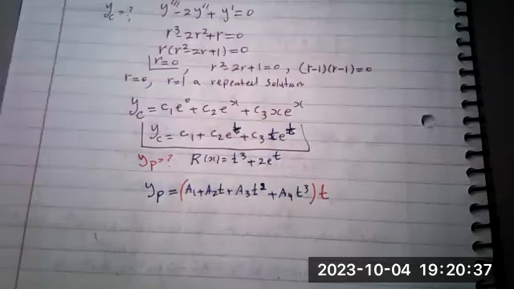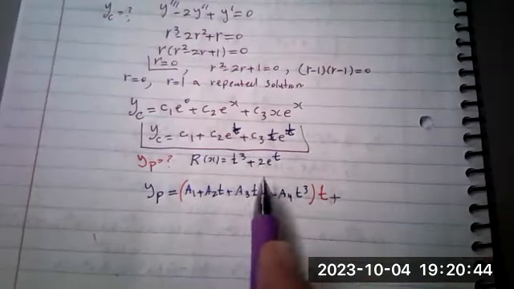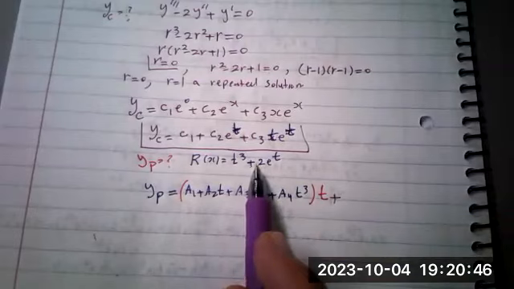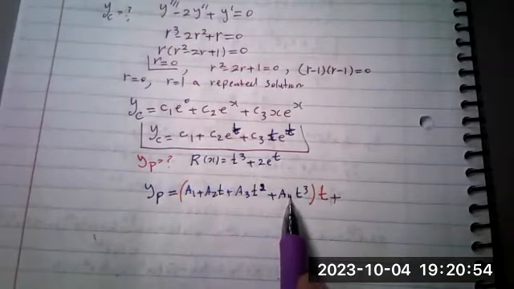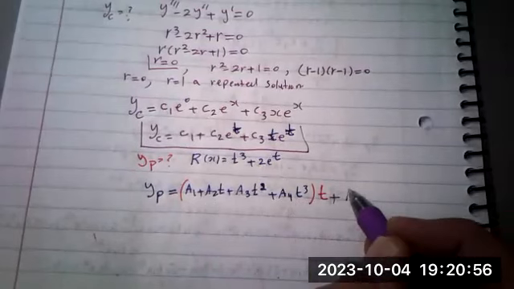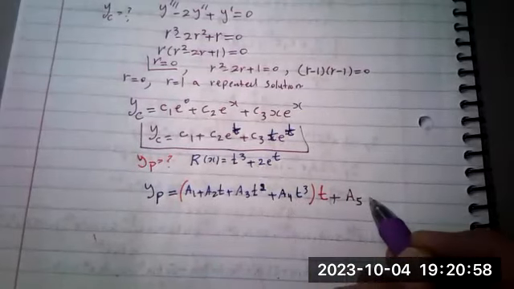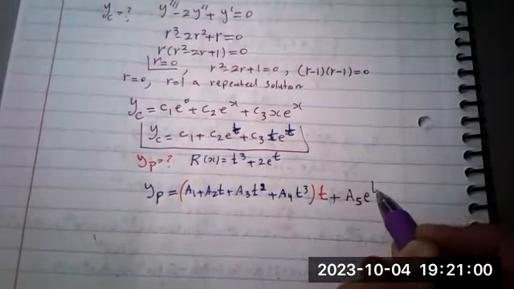Any question? Next, the second. The coefficient of the second one, the exponential one, is a constant polynomial. So you have to bring a constant polynomial. You already went up to A4, so that would be A5 e to the t.